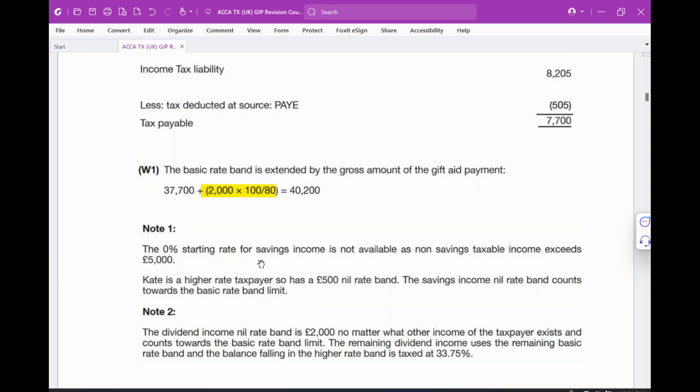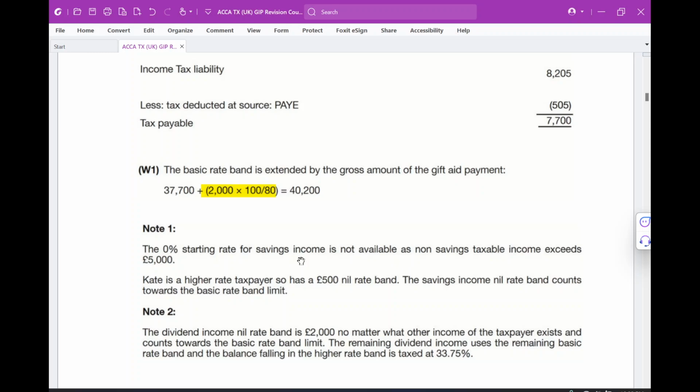Now, the key variable is that non-savings taxable income cannot exceed 5,000. We saw from our first calculation that non-savings taxable income was well in excess of 5,000. In other words, it was 32,000. So the point here is that this 0% starting rate for savings income, second column, isn't relevant because of the size of the non-savings income.